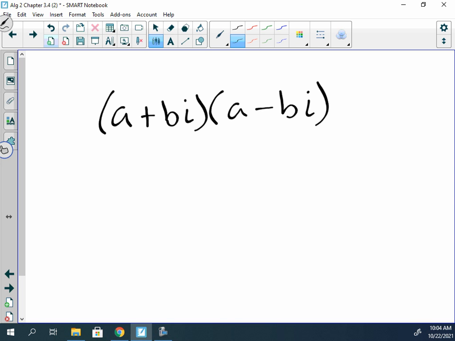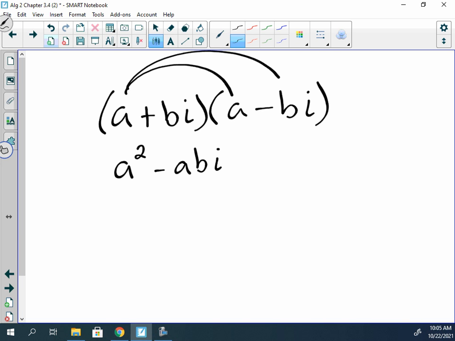If we have this set up with any real values of a and b, and we multiply them together, we would get a times a, which is a squared, minus abi. bi times a is going to be plus abi, minus b squared i squared. Well, i squared just makes this positive because it's negative 1.